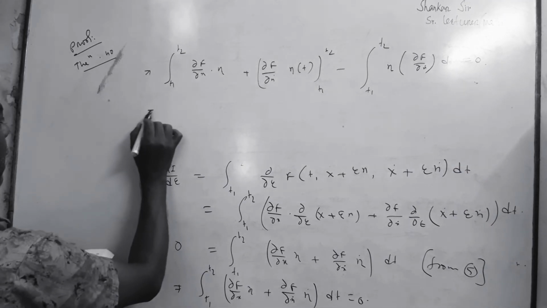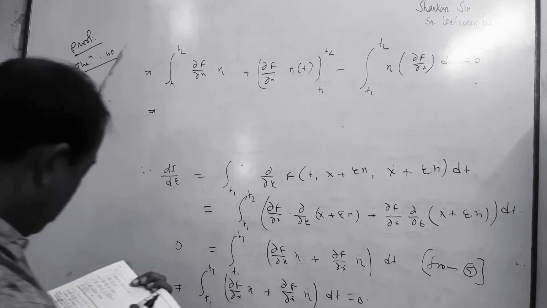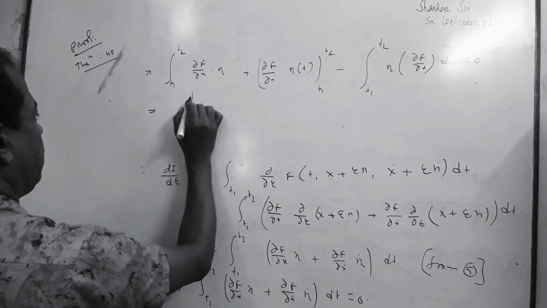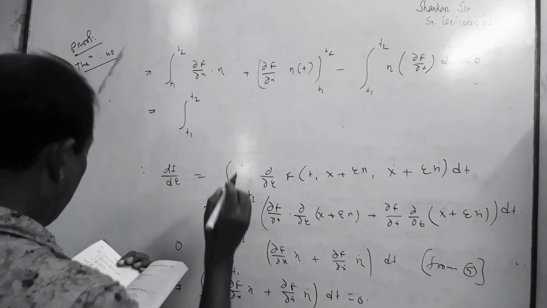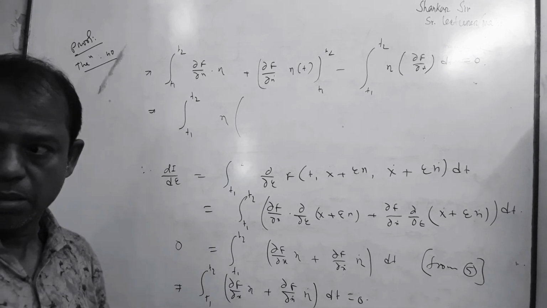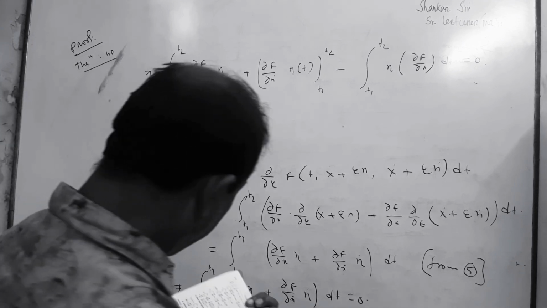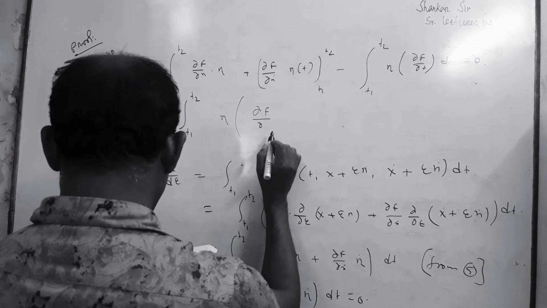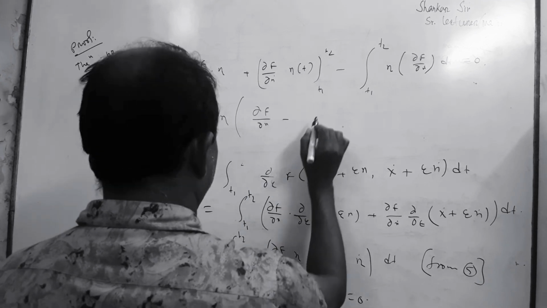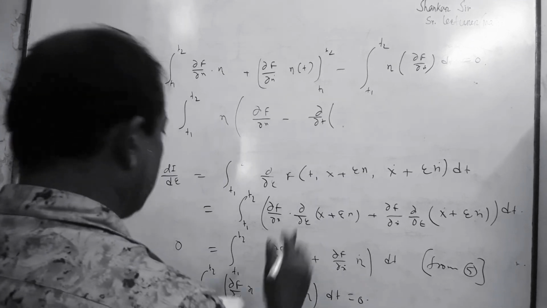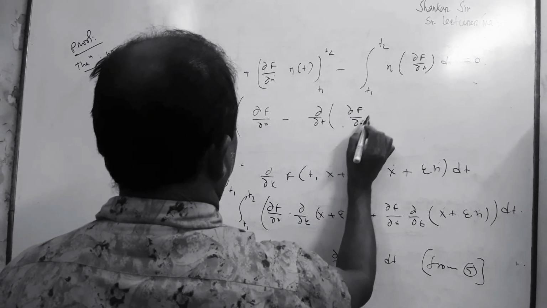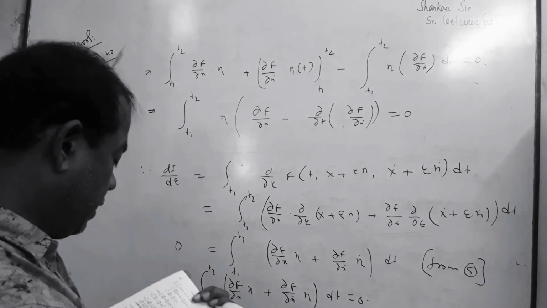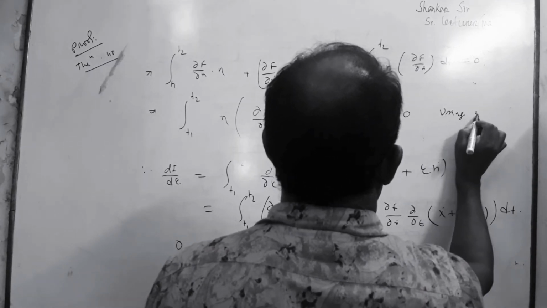Well, that implies the integration from t1 to t2, where all of common is eta, of del f by del x minus d by dt into del f by del x dot, whole of bracket equal 0, using 3.